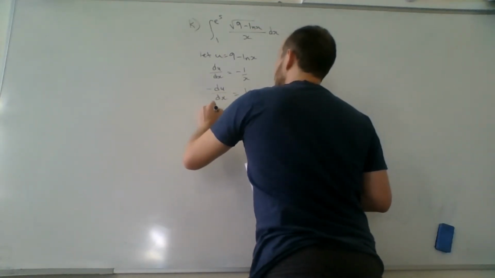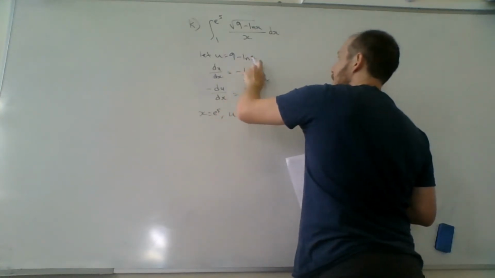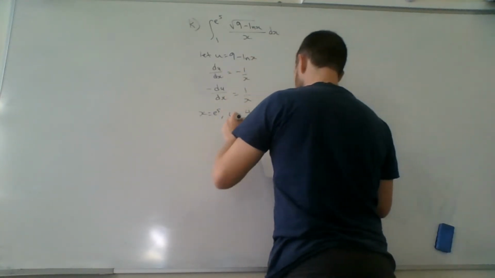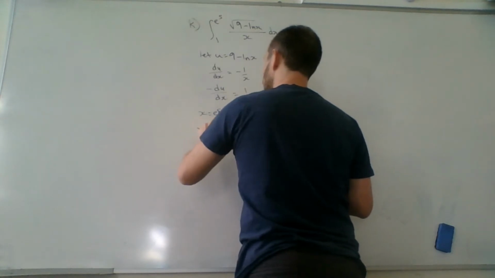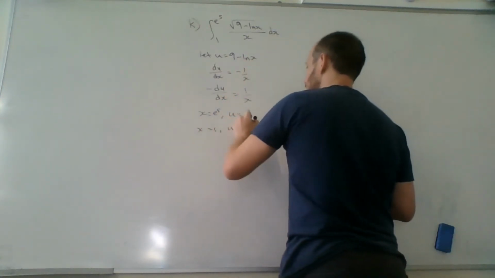Now when x equals e to the 5, u equals 9 minus ln e to the 5, which is 4. And when x equals 1, u equals 9 minus ln 1, which is 0, 9 minus 0 is 9.